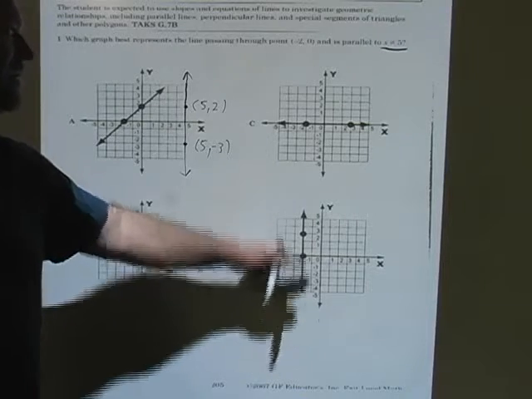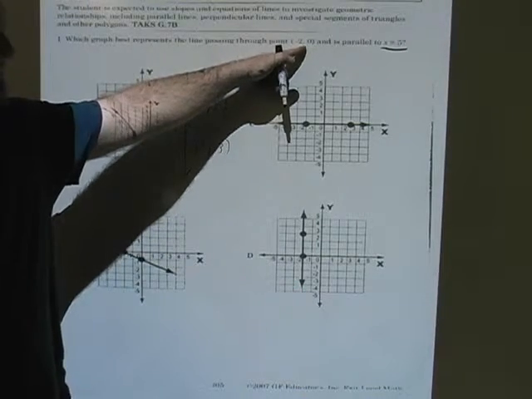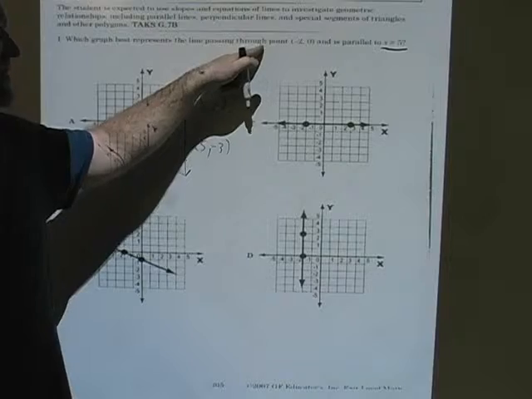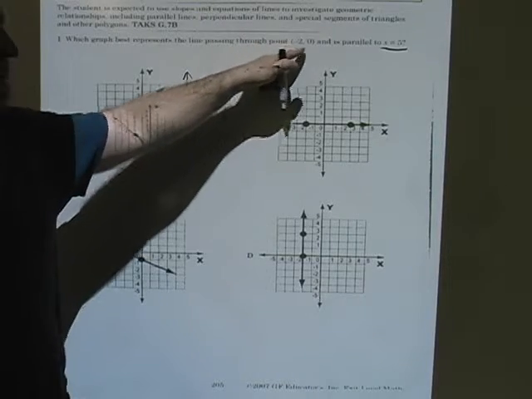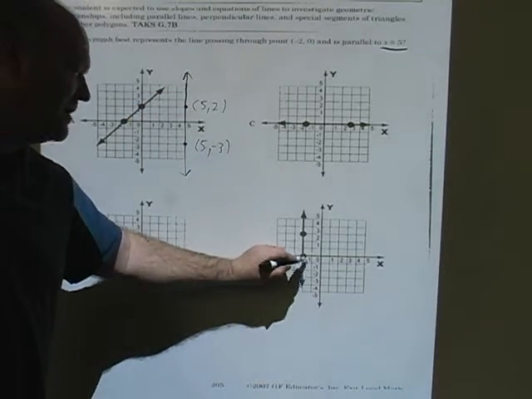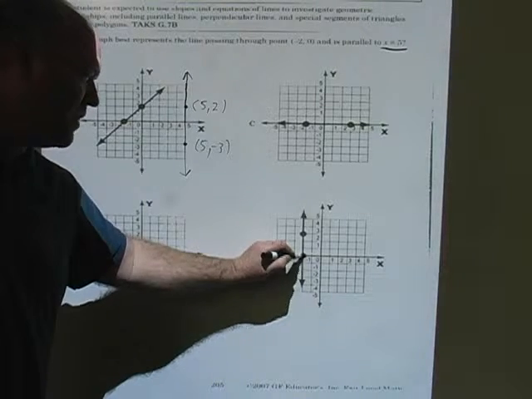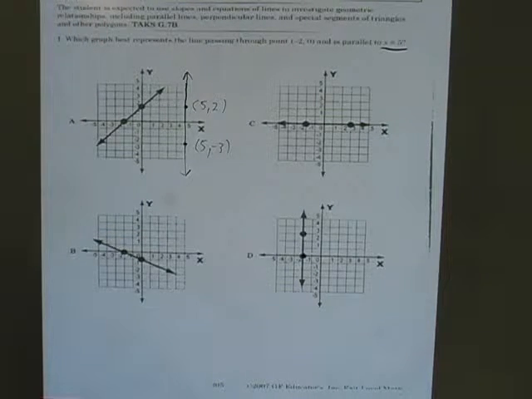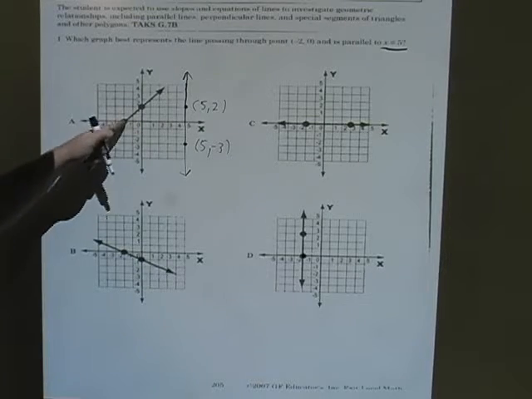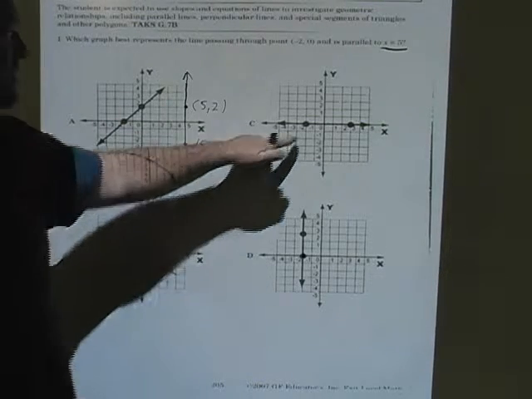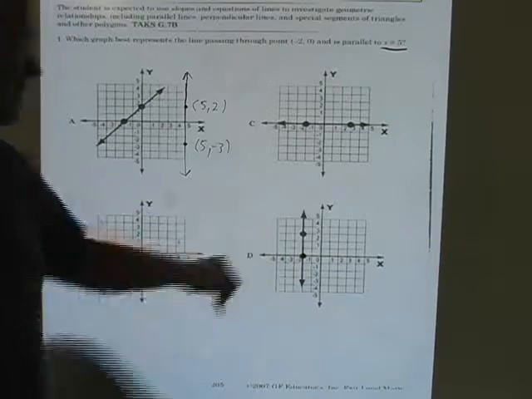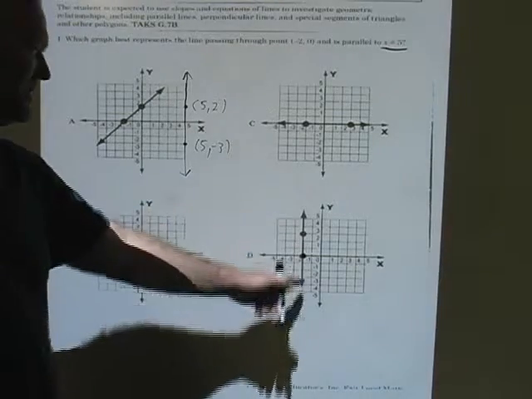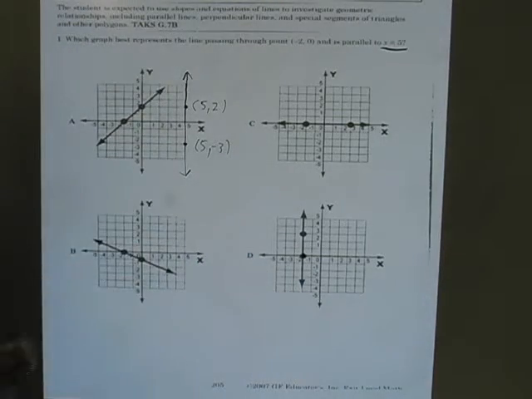This part you didn't even need, but you can see that this line does pass through point (-2, 0) right here. Now, all of the lines actually pass through (-2, 0), if you notice. But this one is parallel to the line x equals 5.